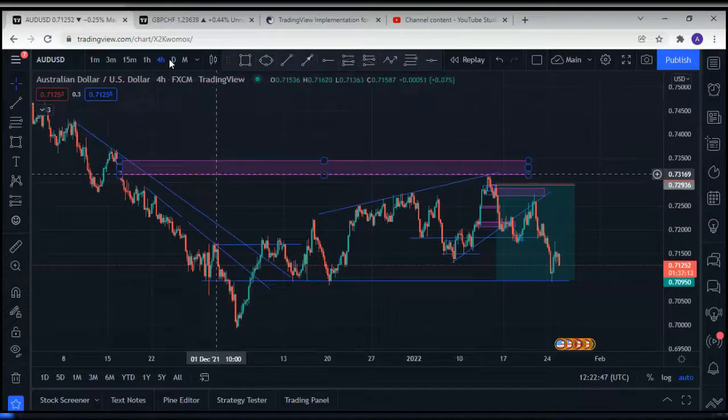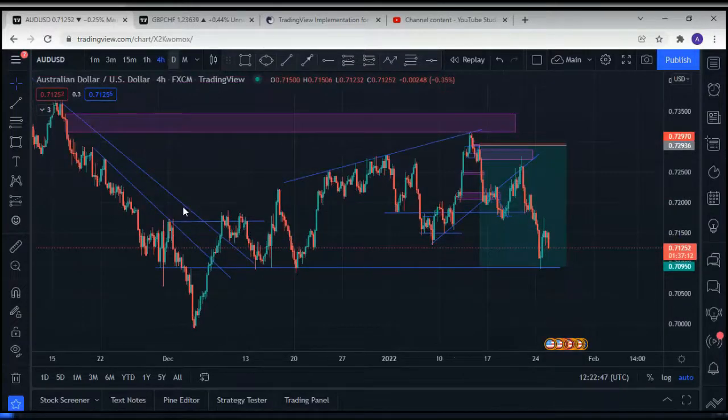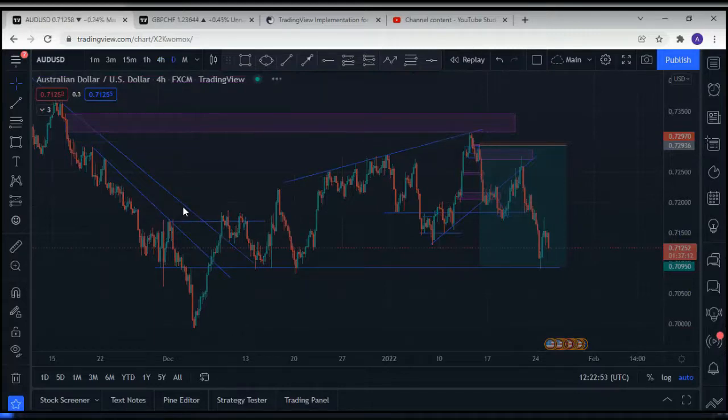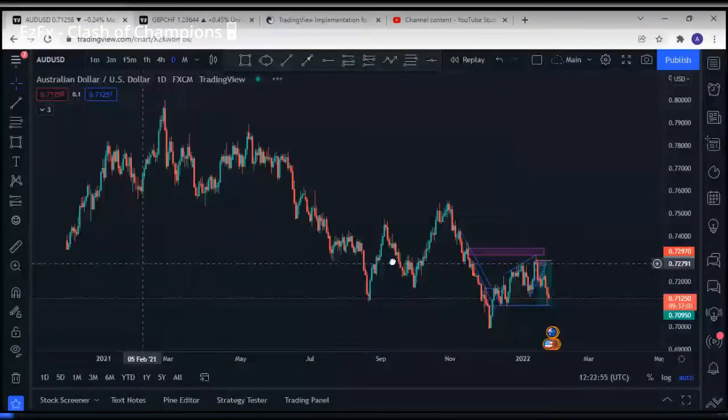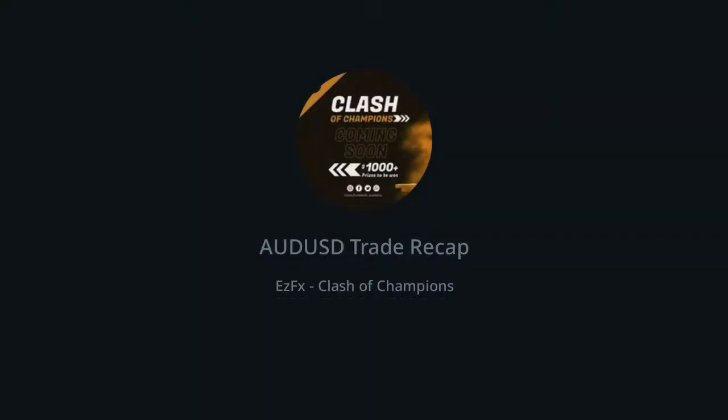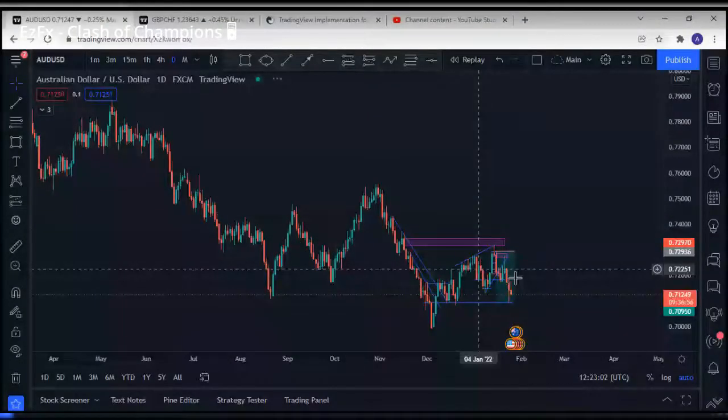Let me show you that. On the daily time frame, I have that zone as my order block, as you can see.